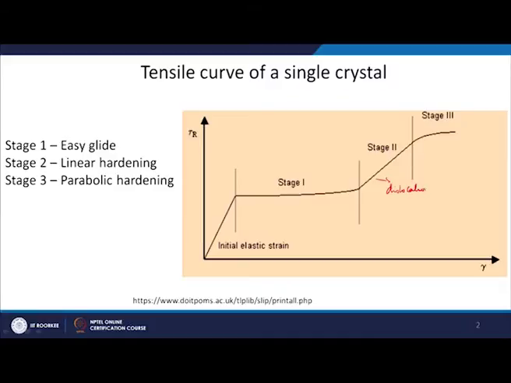So, when dislocations on two different slip planes start interacting, you have this stage 2 hardening. That means this is related to dislocation interaction, when two or more slip systems are active, whereas in this case only one slip system is active.